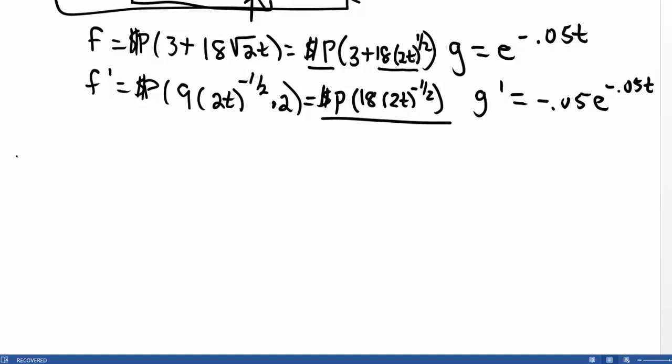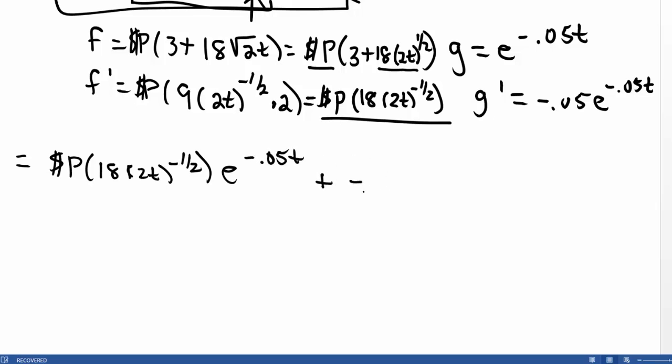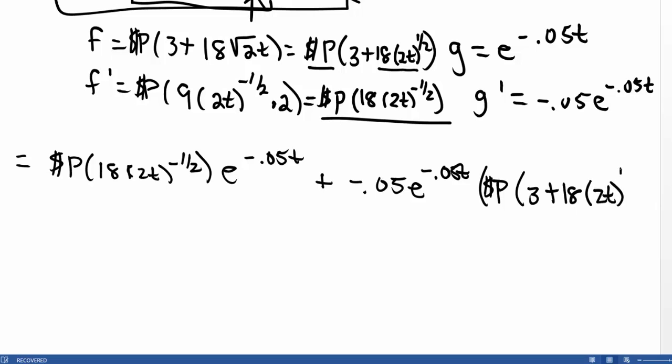So what does that look like? f prime times g will give us p times 18 times 2t to the negative 1/2 times e to the negative 0.05t, plus g prime, negative 0.05 e to the negative 0.05t, times f, which is p times 3 plus 18 times 2t to the 1/2. So our first derivative has a lot of pieces.